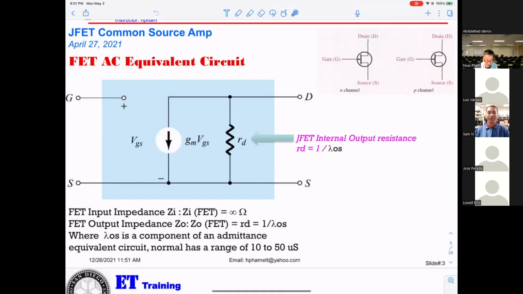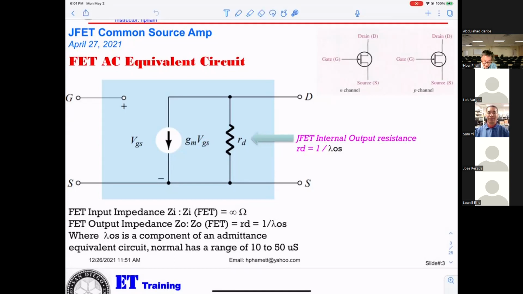That will be the gate, that will be the drain, and that will be the source. Between the drain and the source, you get the current source. The value will be Gm times VGS.